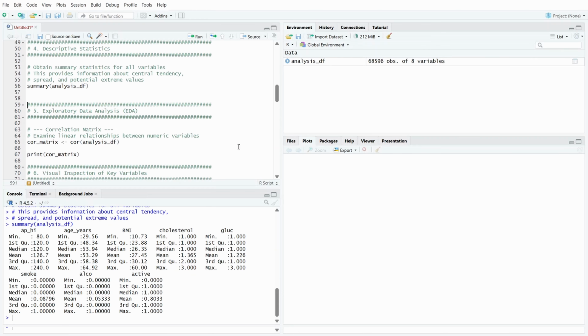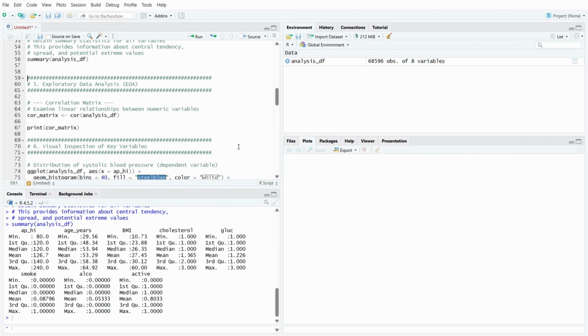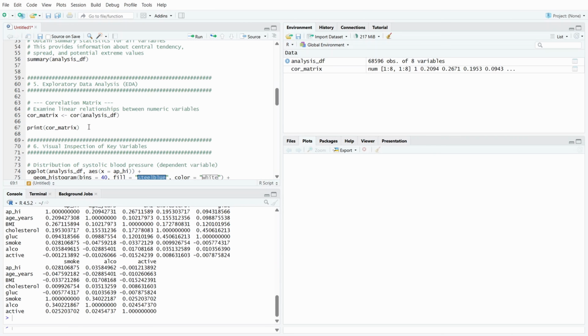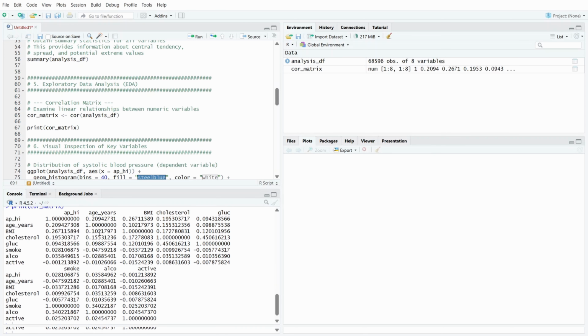Before running a regression model, it is important to explore the relationships between variables. We first compute a correlation matrix. Correlation values range from -1 to 1 and indicate the strength and direction of linear relationships between variables. This helps us see whether predictors are related to the outcome variable or to each other.